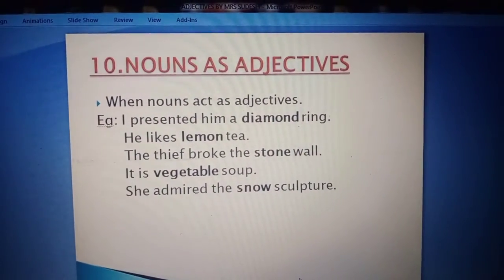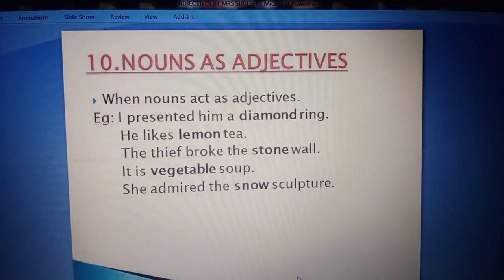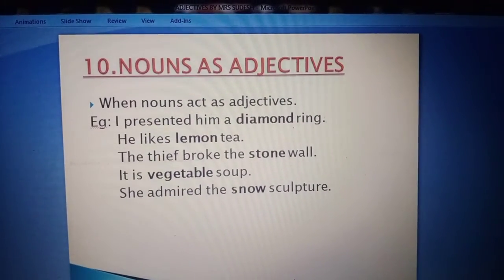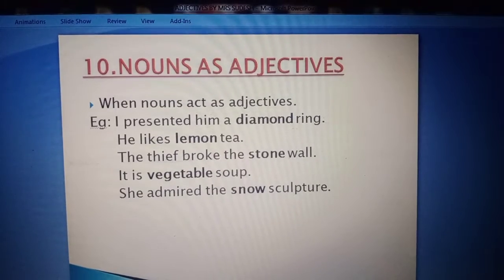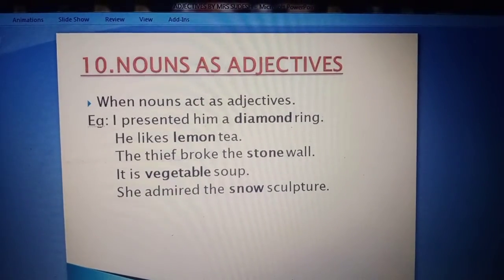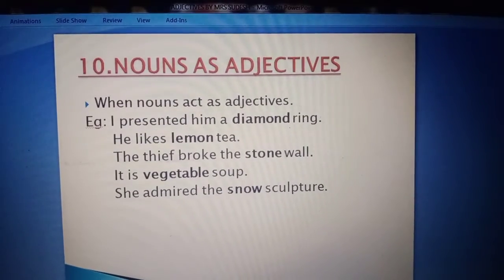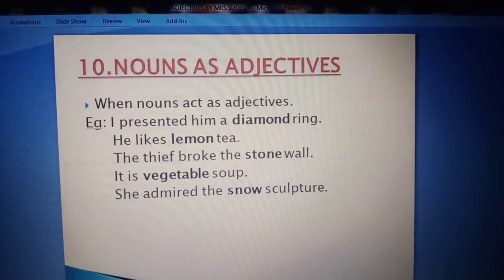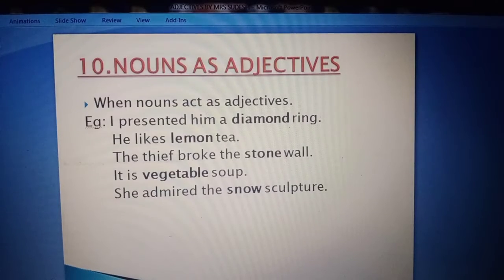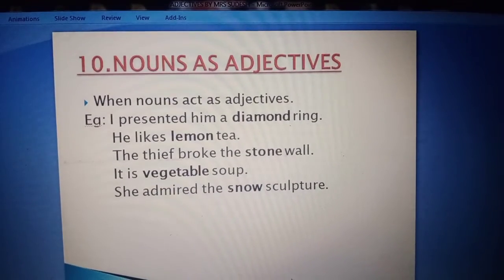Now, students, another type and the last one, but not the least, nouns as adjectives. In some examples, you will see some nouns also act as adjectives. So they are called noun adjectives. See the example. I presented him a diamond ring. He likes a lemon tea.